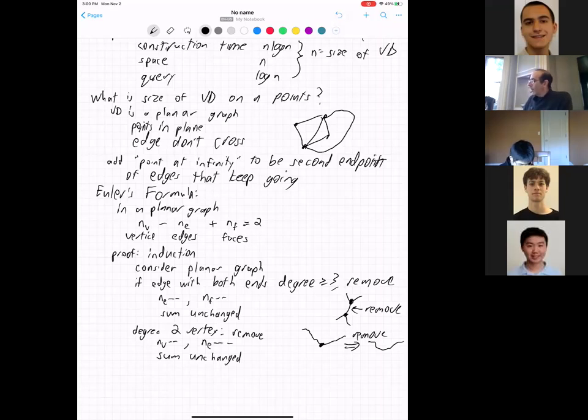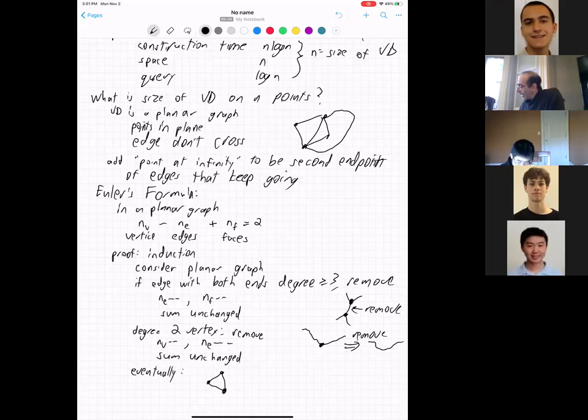So I basically use the degree 2 vertex trick to get rid of any degree 2 vertex. Once I have only degree 3 vertices, I can apply the previous trick in order to get rid of any edge that connects a pair of degree 3 vertices. Eventually, you're going to take everything out and you'll just have a triangle left.